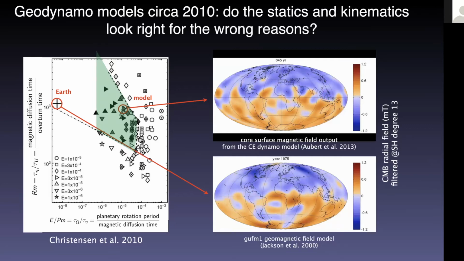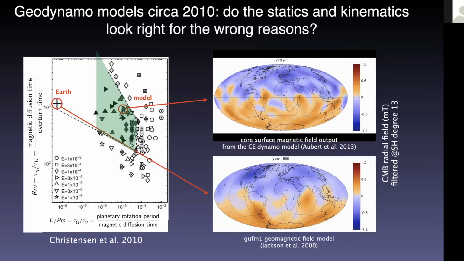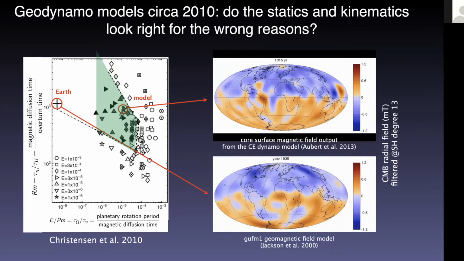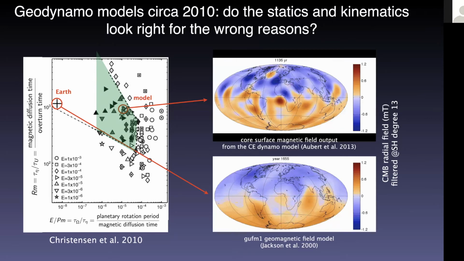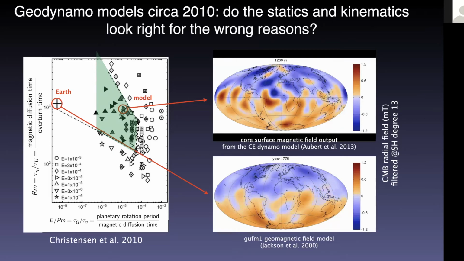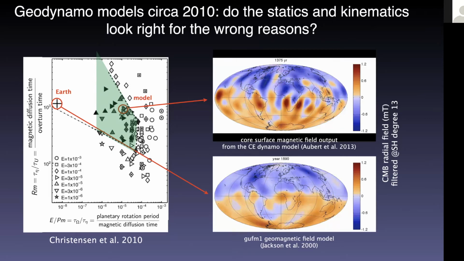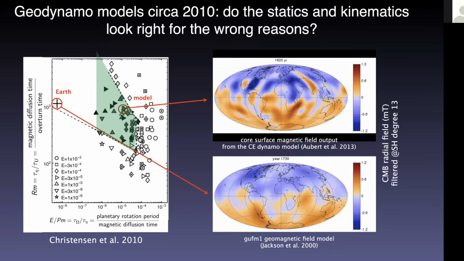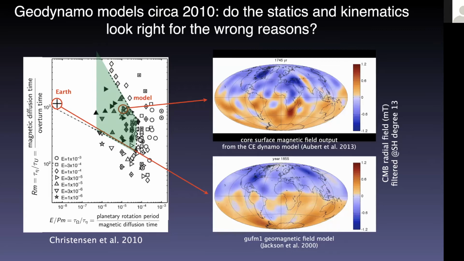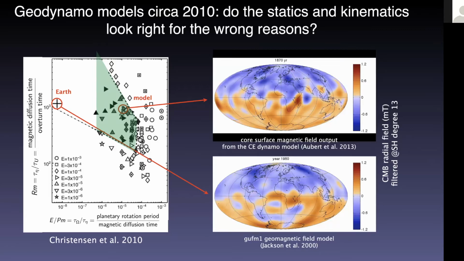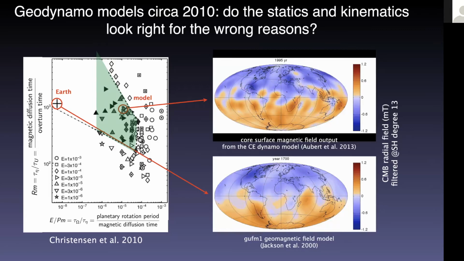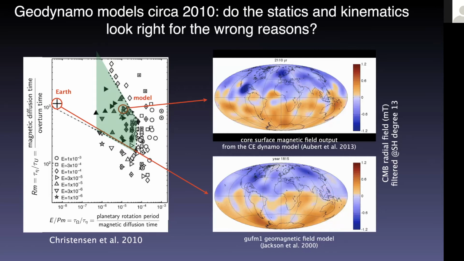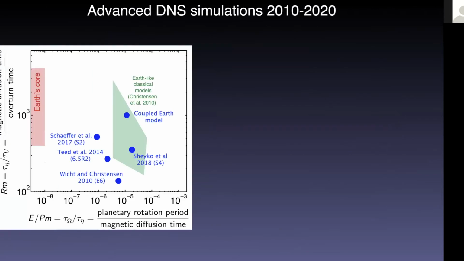So Uli Christensen did a survey of the accessible parameter space on the left of this slide, and he showed that actually the two ratios of free timescales that I've introduced before could help to pinpoint a region of the parameter space where indeed you had the statics and the kinematics of the dynamo model that looked right. But of course, was it for the wrong reasons was the key question.